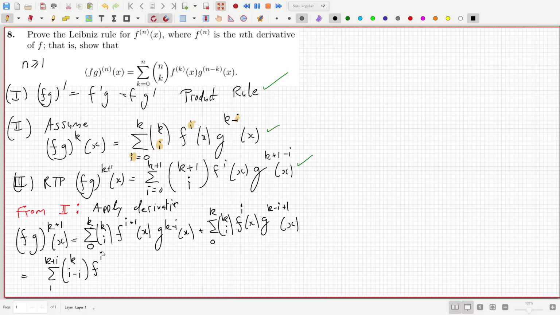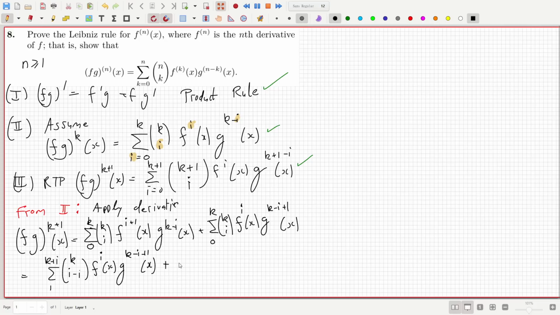So that just becomes f I g k minus I minus 1 x. No, plus 1. I minus 1 with a minus, yeah. Which is good. It's looking like that.